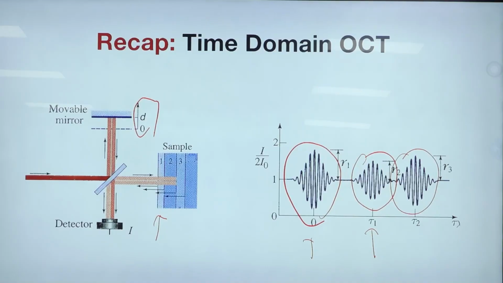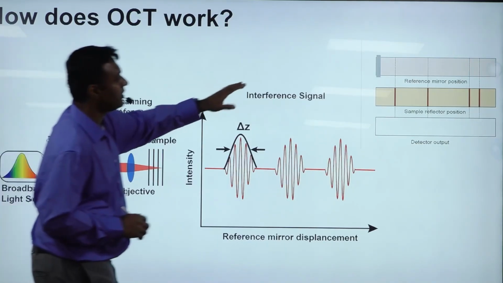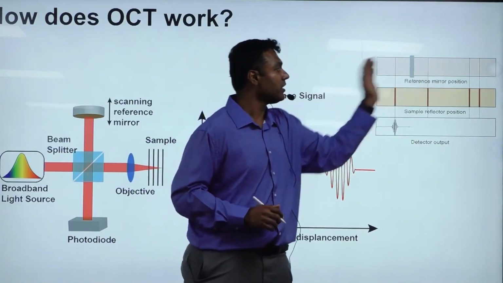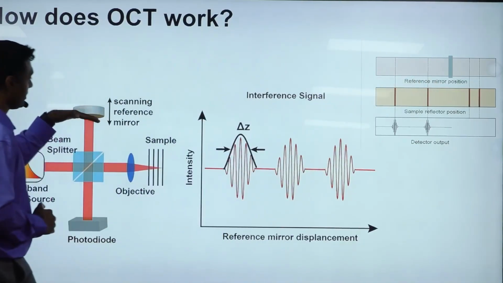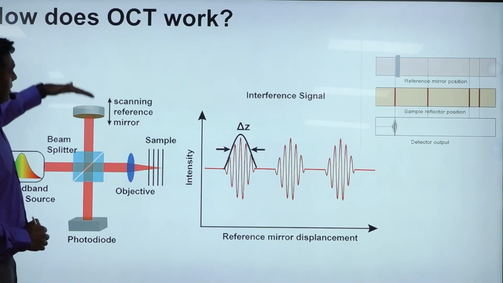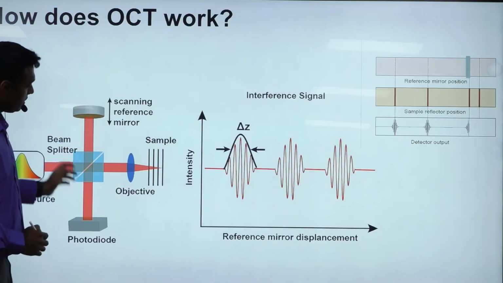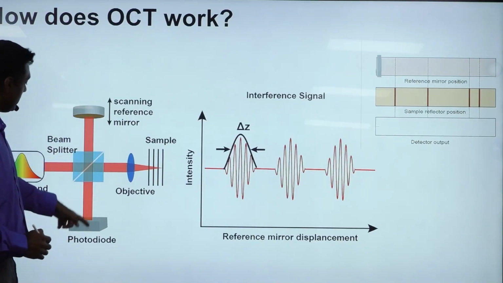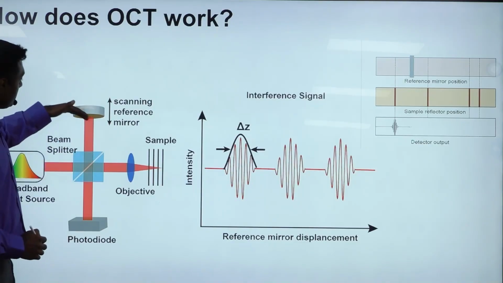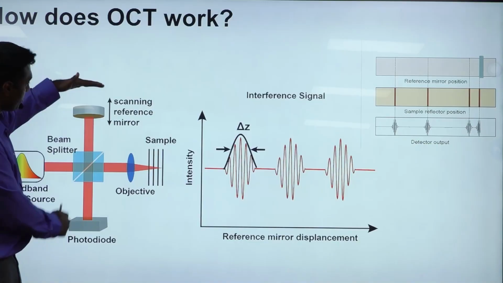Let me explain this further with an animation. Let's say you have a reference mirror whose position is changing. You're scanning the reference mirror position in one direction, for now. For every mirror position, there is a detector, a photodiode, which makes a measurement.